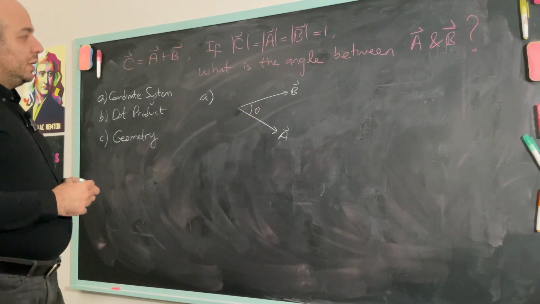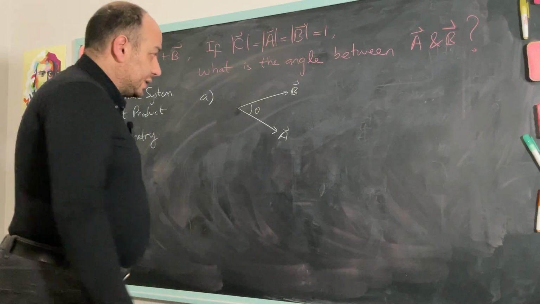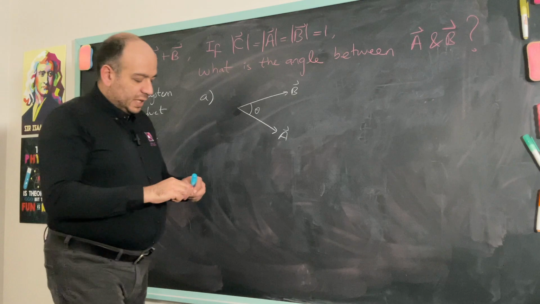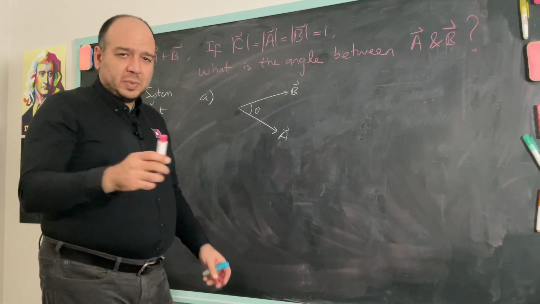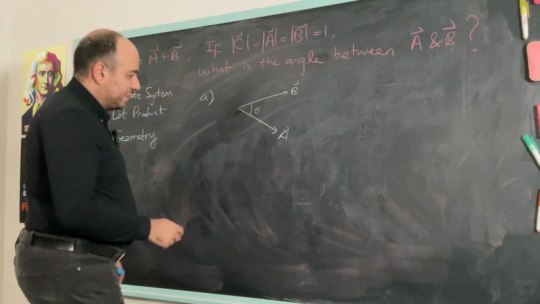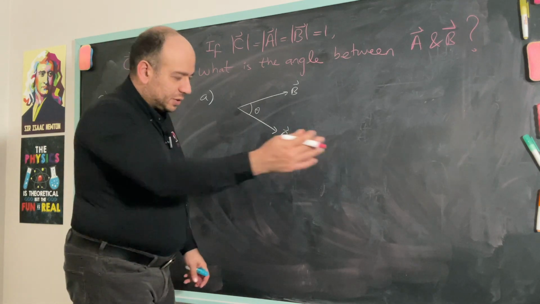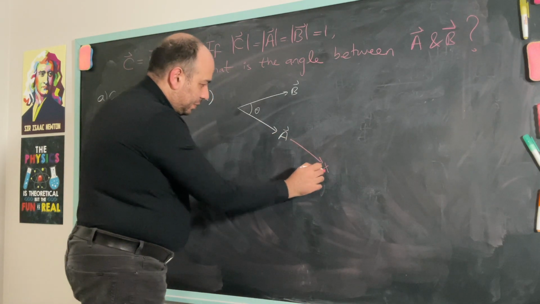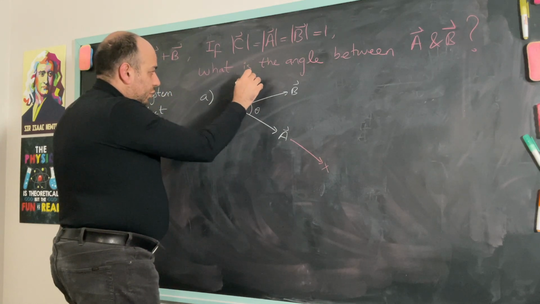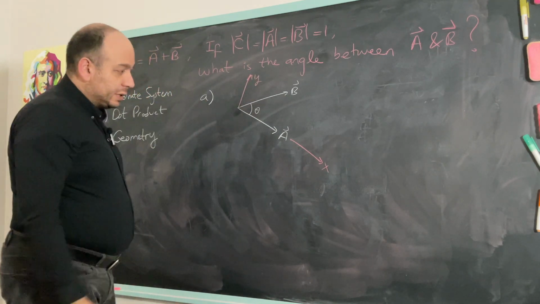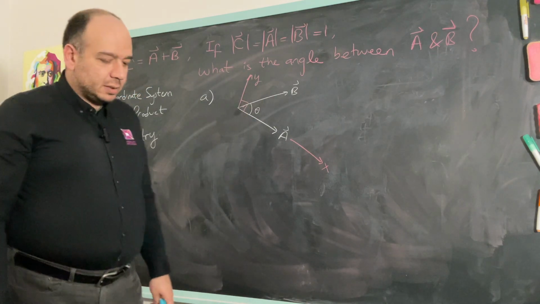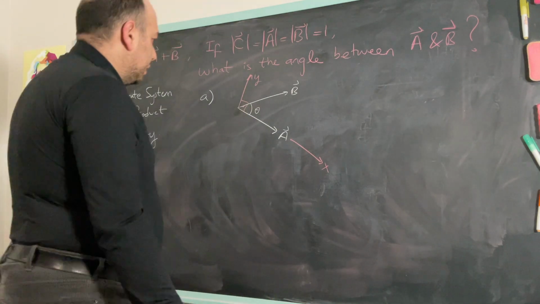Now I can choose a coordinate system, but how am I going to choose it? I have the freedom to choose my x and y coordinate system, right? I can choose any direction, let's suppose this direction, and call it x, and another direction y. The only requirement here is these two coordinate axes are perpendicular to each other.